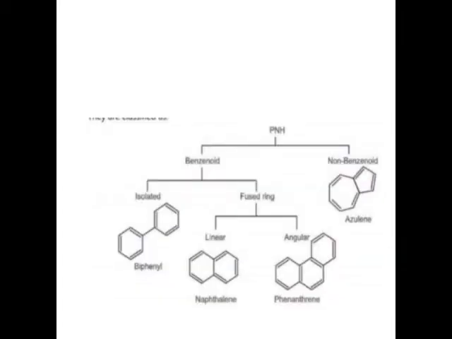Next part, the classification of polynuclear hydrocarbons. They are divided into two types. One is benzenoid, the second one is non-benzenoid. As the name indicates, benzenoid means which consists of more than one benzene ring. Such polynuclear hydrocarbons are called benzenoid polynuclear hydrocarbons.